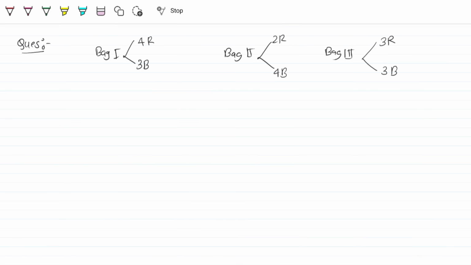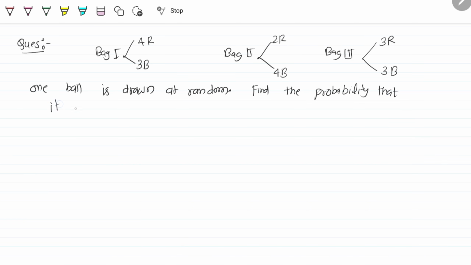Now the question is, one ball is drawn at random. Find the probability that it is a black ball.